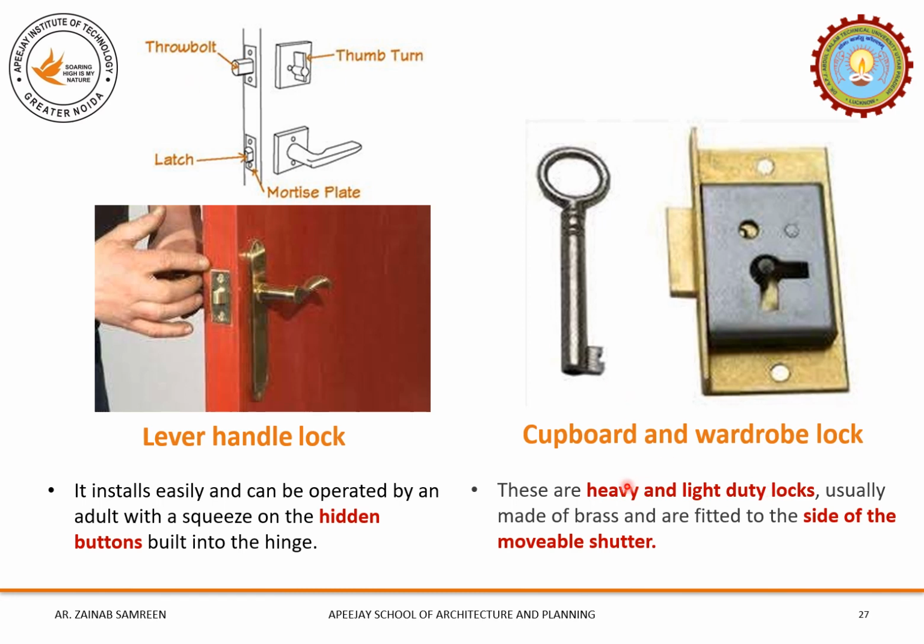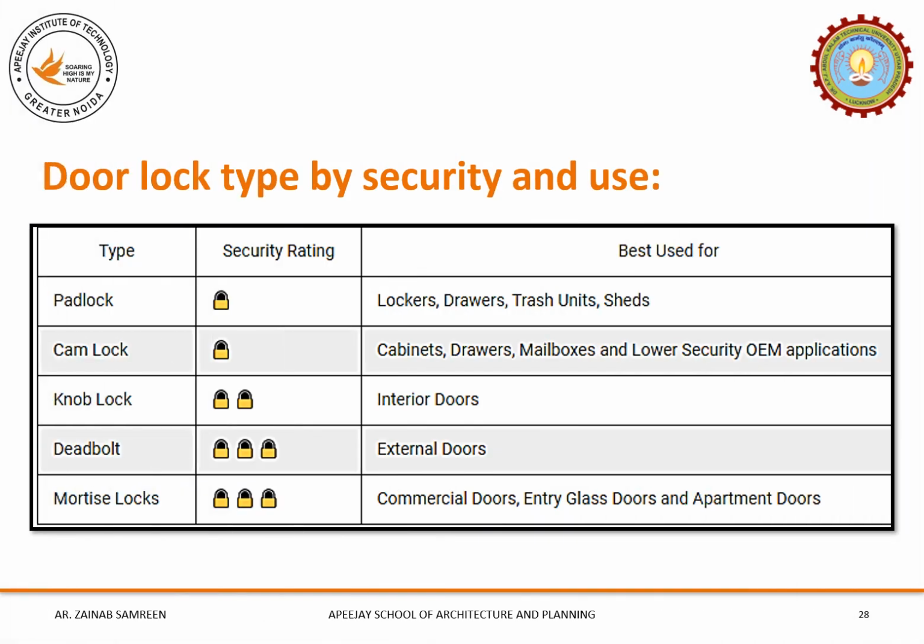Cupboard and wardrobe locks. These are heavy and light duty locks, usually made of brass, and are fitted to the side of the movable shutters. There are various door locks that you use, depending on the security and usage.